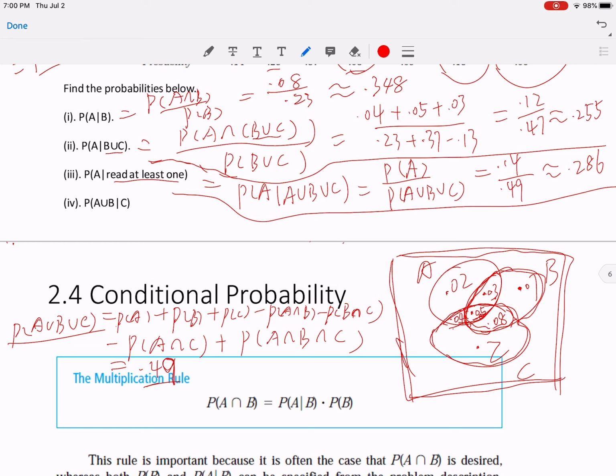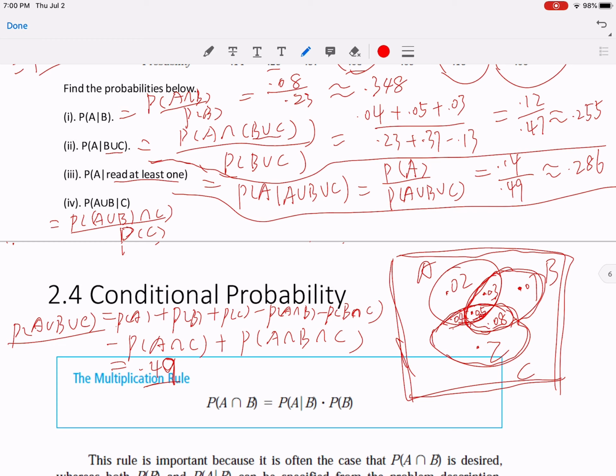In this case, we're looking for the probability of A union B intersection C. So this is the probability of A union B and then intersection C, divided by the probability of C, right? That's coming from the definition of a conditional probability.